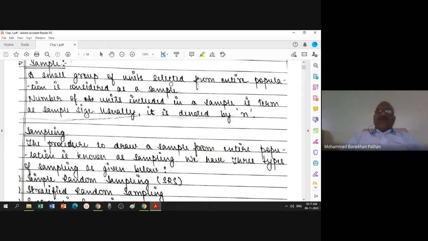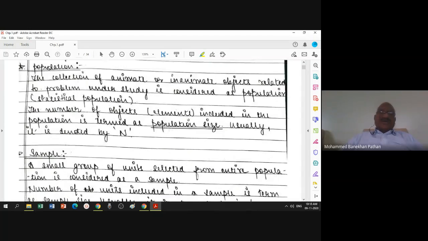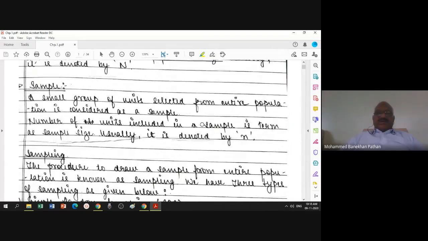Now we know that in real life, unknowingly, we apply this concept of population and concept of sample. A very simple example: suppose we go to the grocery market and we plan to purchase rice.